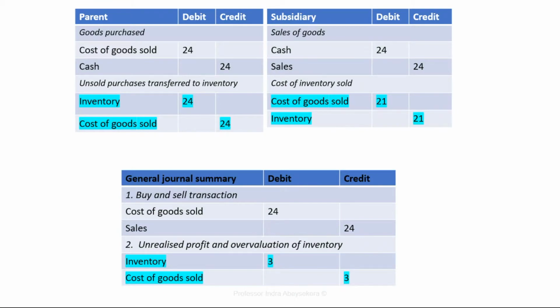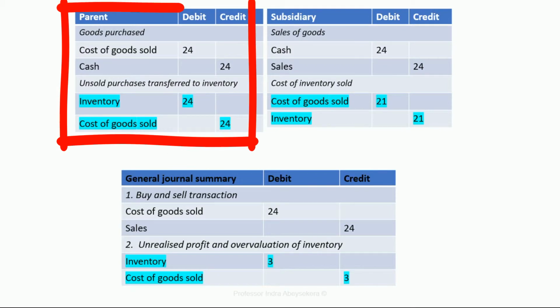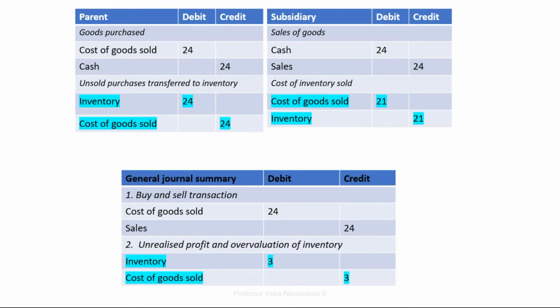The parent entity paid cash of 24 million and acquired them as purchases, which is part of cost of goods sold, 24 million. At the end, that cost of goods sold was taken out of that account and became inventory, 24 million.